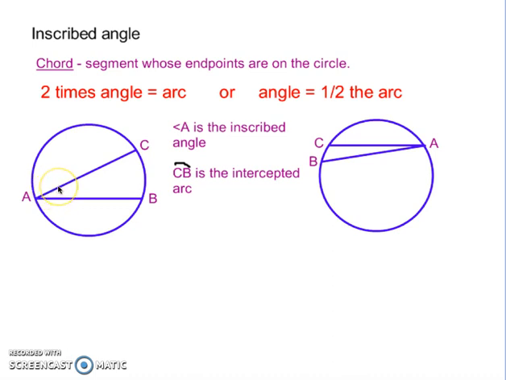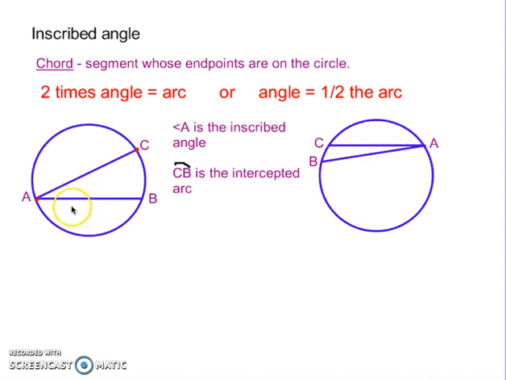The other vocabulary word that you should be familiar with is called a chord. Sometimes students mix up these segments and they think that they're the diameter. But the diameter has to go through the center of the circle, and a chord is a segment whose endpoints are on the circle. So you can see here we've got endpoints on the circle.